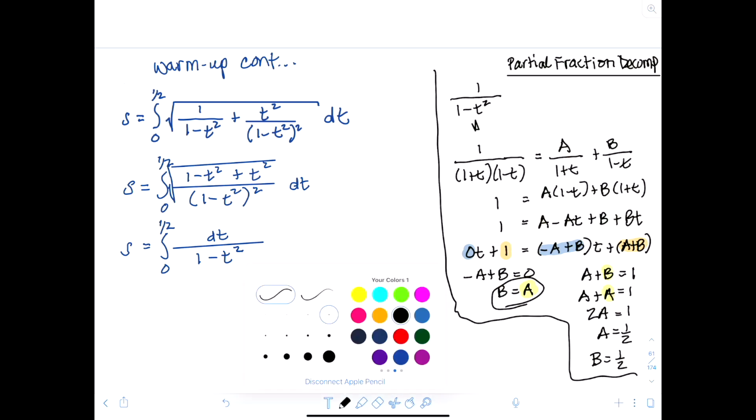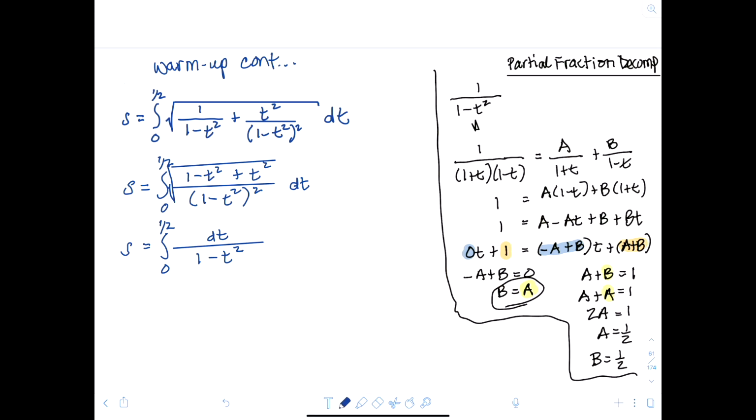So now, coming back here, I will have S is equal to the integral from 0 to 1/2 of, I've now found that this fraction is equal to one-half over 1 plus t, and then plus 1/2 over 1 minus t.